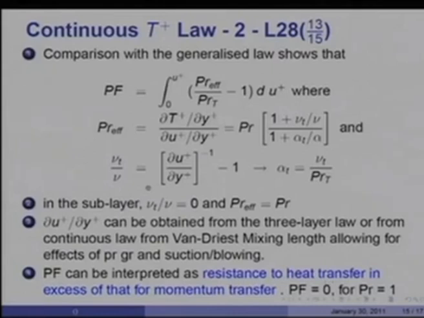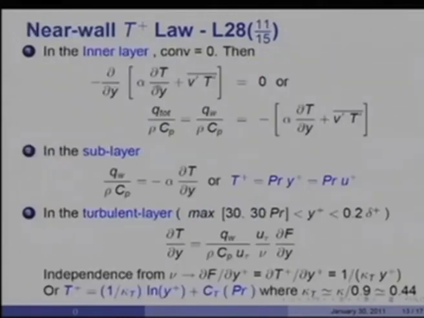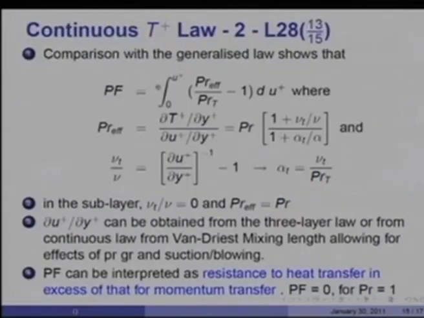And by comparison, if I compare this expression, T plus equal to the integral from 0 to infinity of Prandtl effective du plus, with sigma times u plus plus Pf, then I can show that Pf would be simply the integral from 0 to u plus of Prandtl effective divided by Prandtl t minus 1, du plus, where Prandtl effective is Prandtl times 1 plus nu t by nu, divided by 1 plus alpha t by alpha.